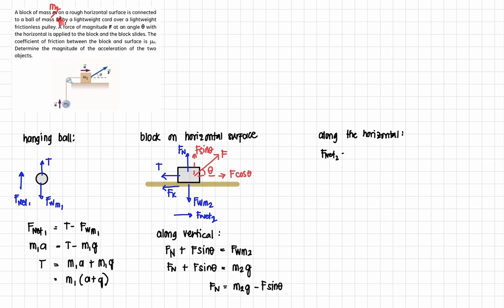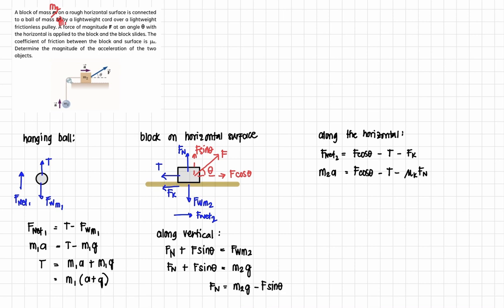So F net 2 is equal to the forces directed towards the right, which is F cosine theta, minus all the forces directed towards the left, which are the tension and the frictional force, Fk. So F net 2 is m2a. That's equal to F cosine theta minus T minus mu k Fn.